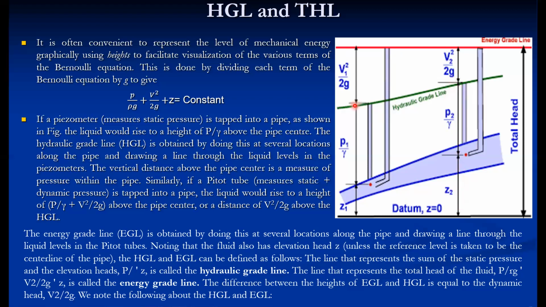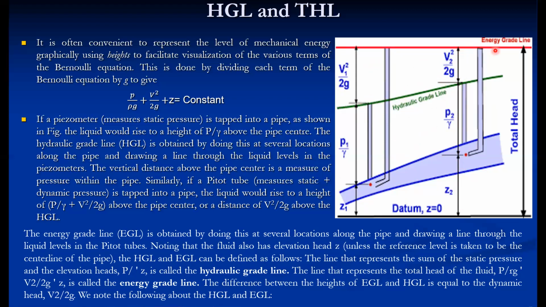Here kinetic energy is converted into pressure energy, so pressure is more here. Velocity decreases along the direction of flow, and the pressure, that is the piezometric head, increases along the direction of flow.